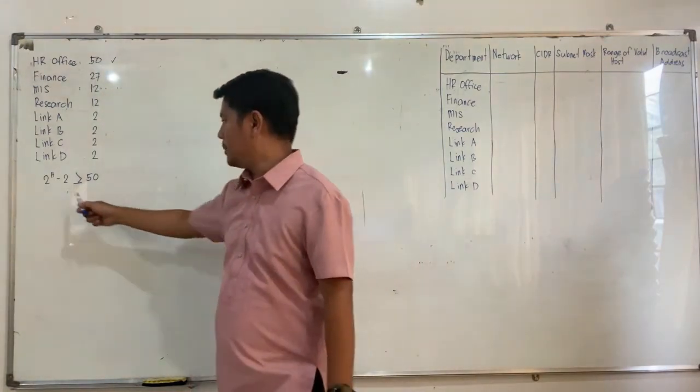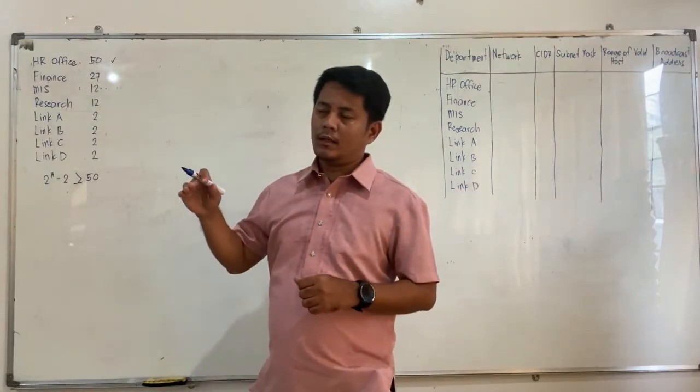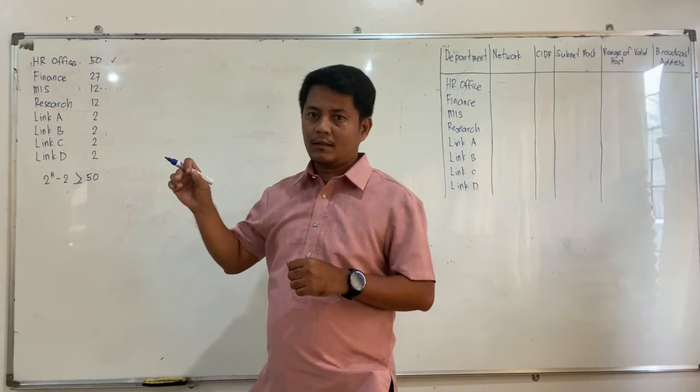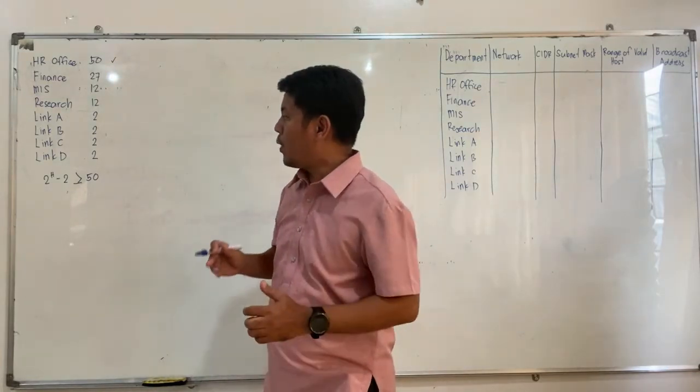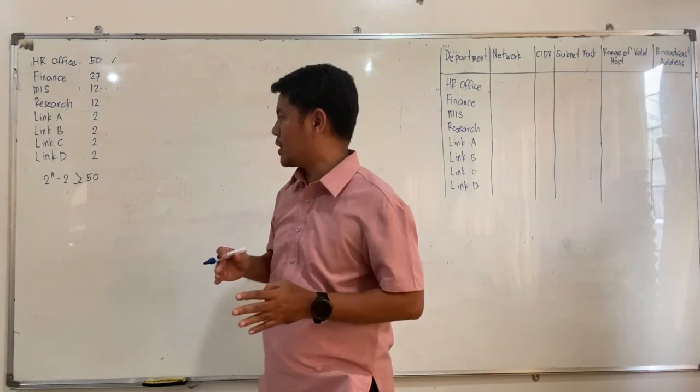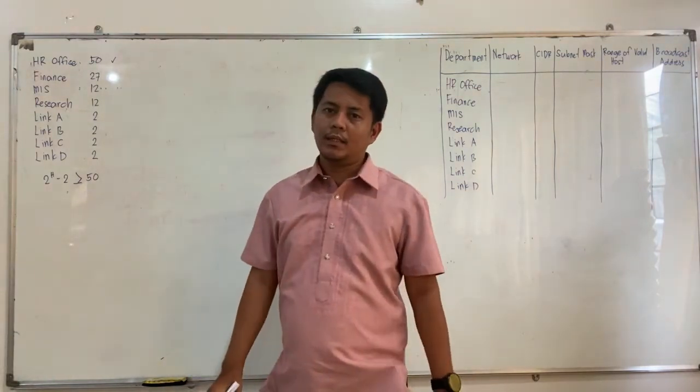We subtract 2 because we exclude the network address and the broadcast address. So what is the value of h for us to satisfy this requirement of 50?